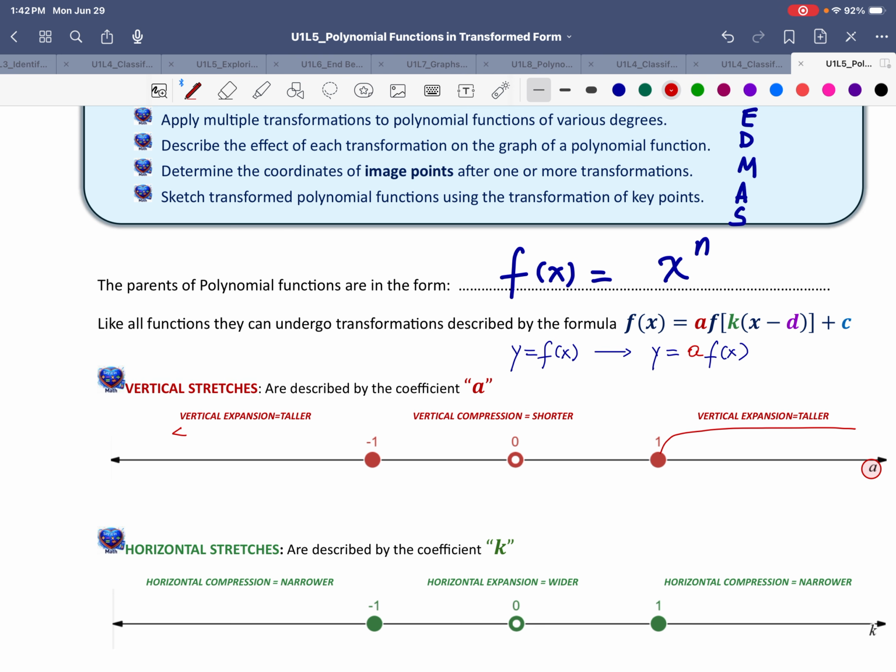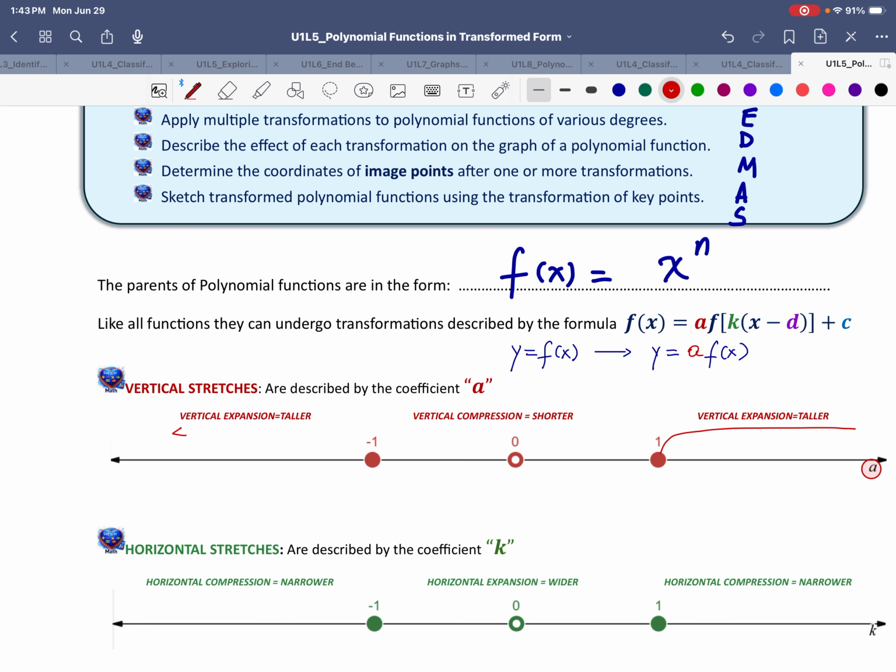Now, what would happen though if instead of multiplying by numbers such as 2 or 3 or 100, as we mentioned, we multiply by -1 or -5 or -100? Well, the y values will still get larger, but they will get larger in the negative direction. So again, this will cause the graph to expand vertically, but in the negative y direction.